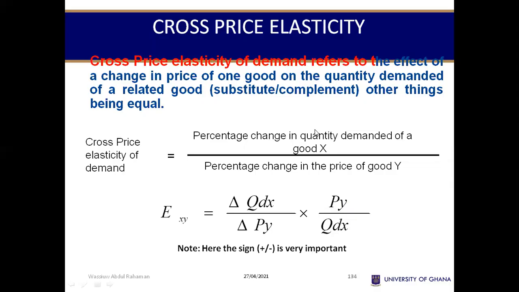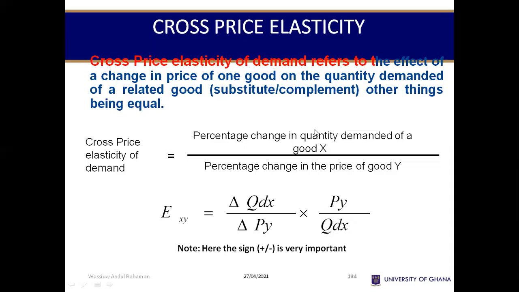So it means that when there's a change in the price of a particular commodity, it affects demand for other commodities. But to what extent? As we asked in the case of own price.